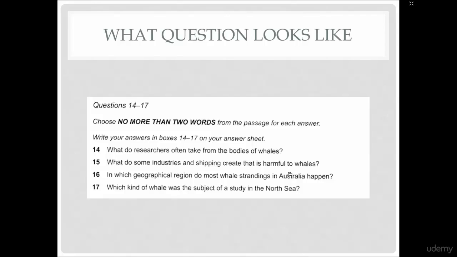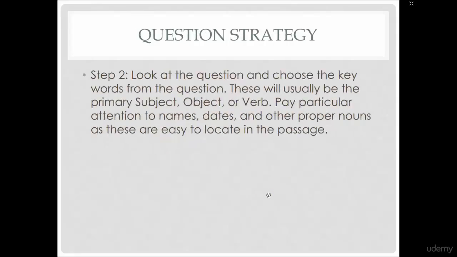Australia is very easy to find. 17 is easy to find because of North Sea, right? So I would probably start with number 16 and 17. And then if I know where number 16 is, then I know number 15 and 14 are going to be before that. So it's very important to look at which questions are the easiest to do first when you're looking at a set of short answer questions, because being efficient is very, very important. A lot of students are not efficient when they're doing this.